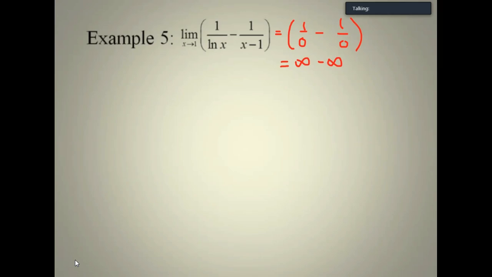So let's get a common denominator, right? If we're subtracting fractions normally, we get a common denominator. So if I told you 3/4 minus 3/5, you'd get a common denominator. So we're going to do that for this problem.